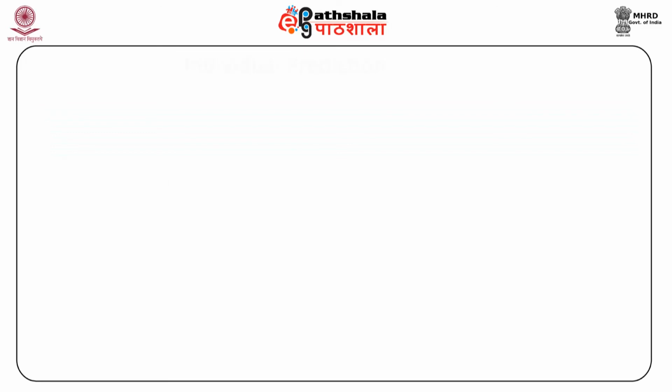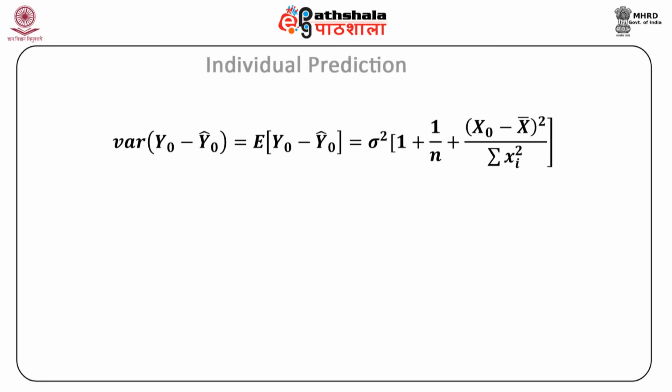The single best estimate of the true mean value is, of course, the point estimate 75.3645. Individual prediction. If our interest lies in predicting an individual y value y0 corresponding to a given x value, say x0, then the best linear unbiased estimator of y0 is also given as in the first equation under this topic, but its variance is as follows: the variance of y0 minus y0 hat is equal to the expected value of (y0 minus y0 hat) square, and on simplification this comes out to be sigma square into 1 plus 1 by n plus (X0 minus X bar) square divided by sigma xi square.